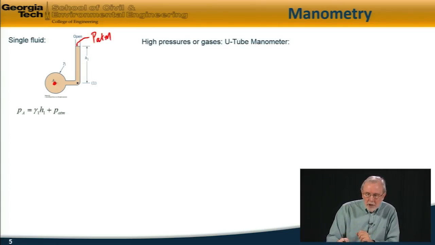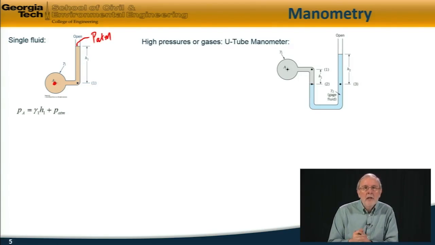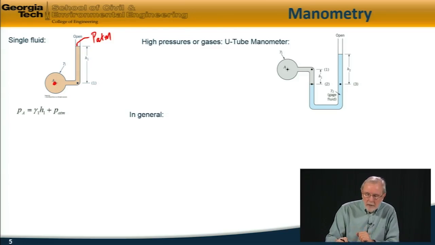For high pressures or gases, we typically use a U-tube manometer, like on the previous slide, which looks like this. And all of these manometer problems can be solved very simply by following a few general rules that I'll give here.